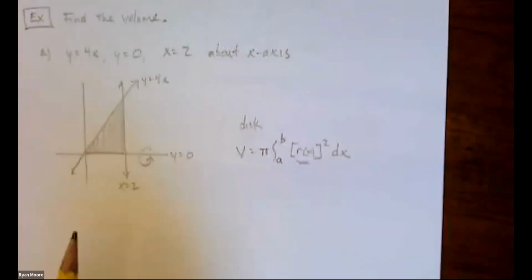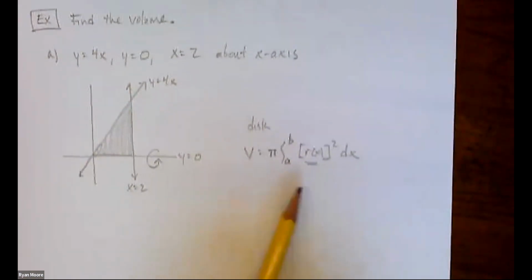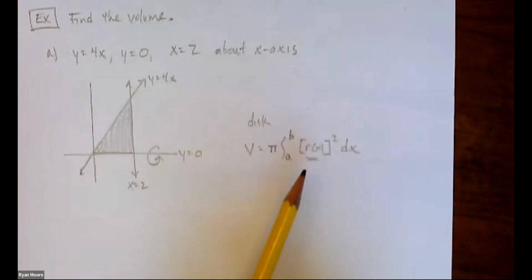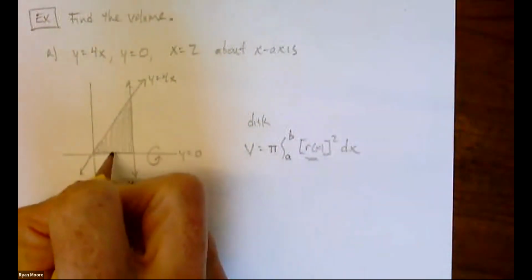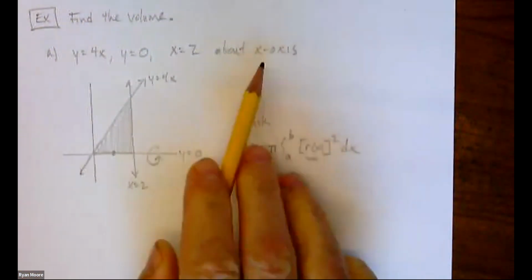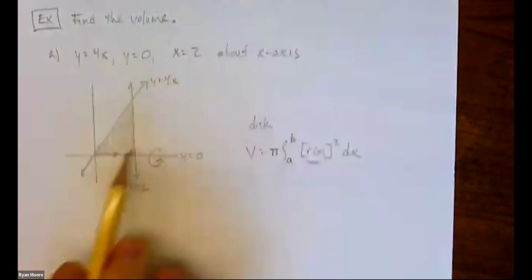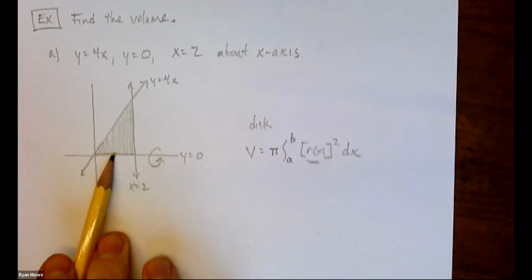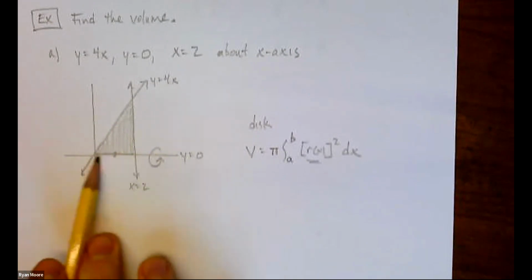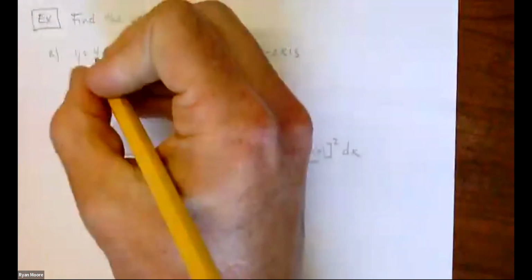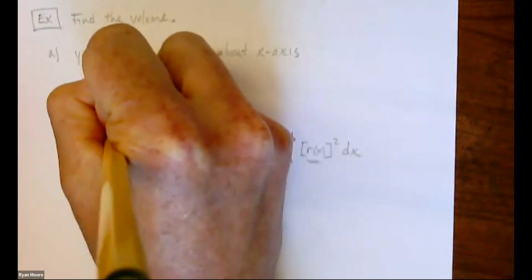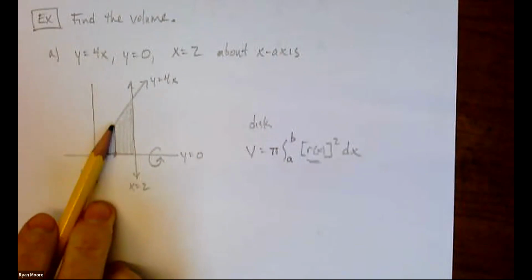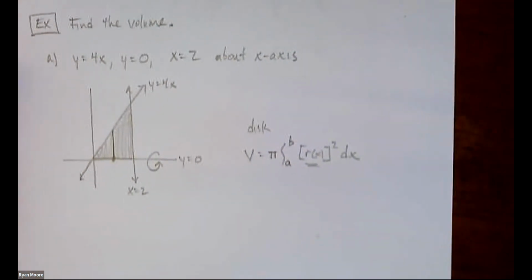Going back to the region, I'm going to draw what that radius would look like. Here's how you do it. To draw the radius, you begin on the axis. So if I'm revolving about the x-axis, somewhere in the region, make a point on the axis itself. Then draw a line perpendicular to the axis going across your region and hitting the outer edge.